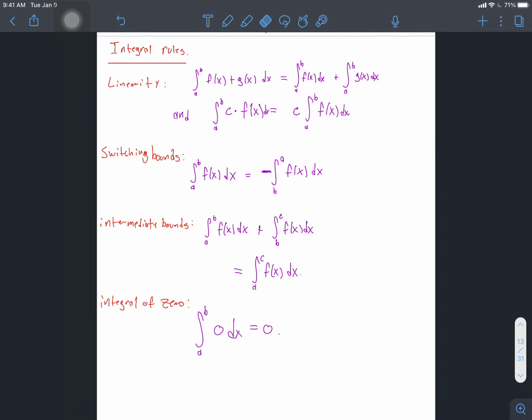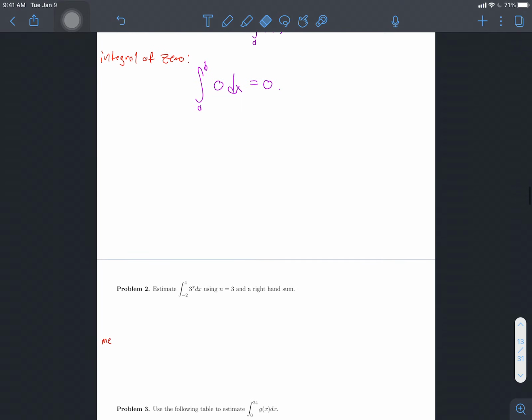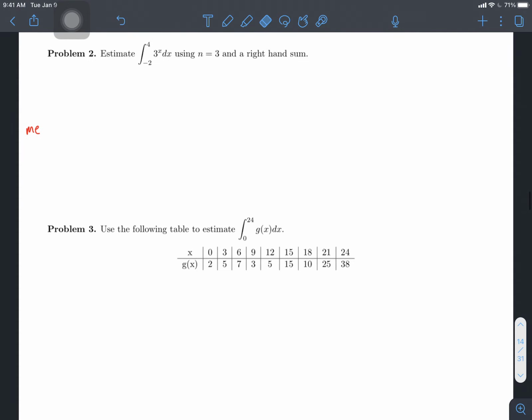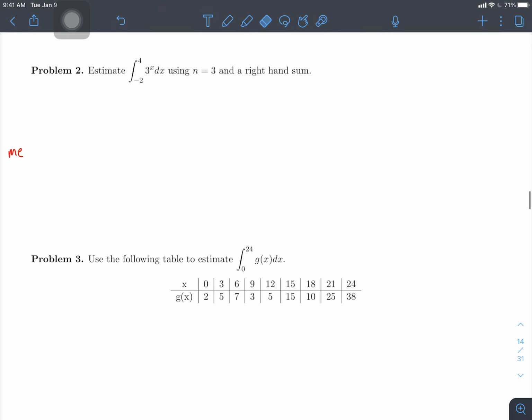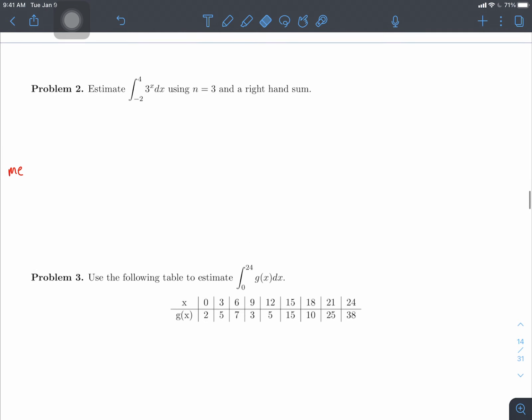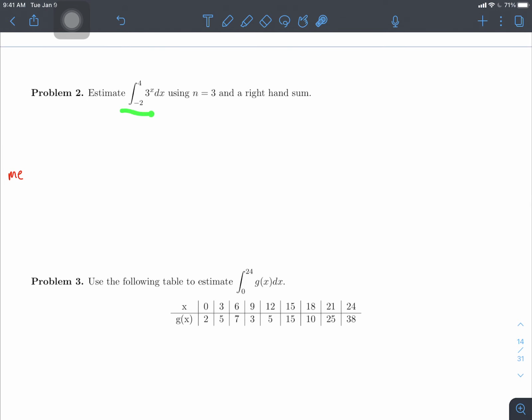All right. Then let's see some examples, because I think this is going to become a lot more clear as we see some examples. So far, we've written down stuff like this, and we've explained what it means. It means the area under this curve from -2 to 4.